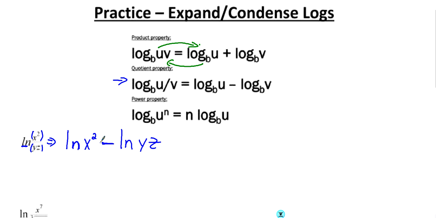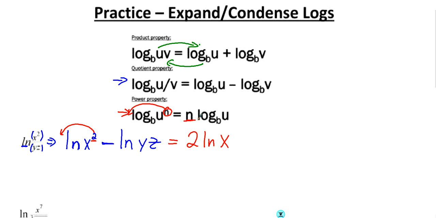Now, for this squared, I can use the power property that tells me I can move it out front. So the next step, this first part will become 2 natural log of x, because this property right here says this n can be moved out in front to put it right here.